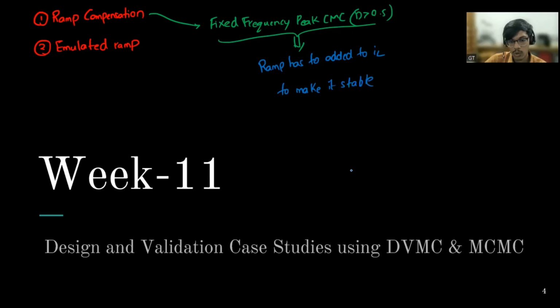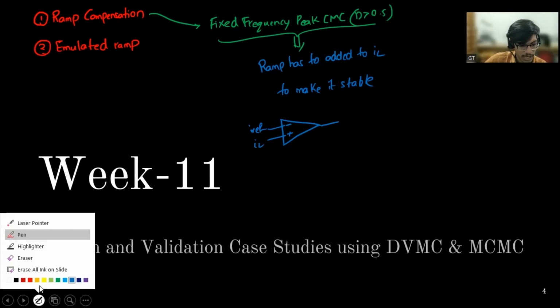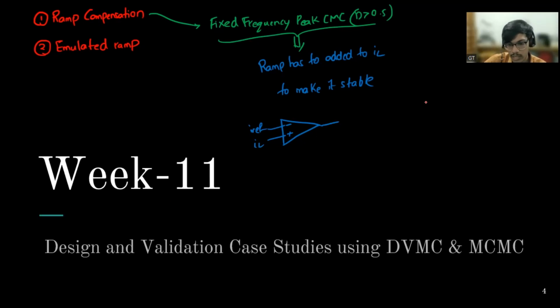Usually the case is we have minus and plus, where plus is IL, minus is I reference, and the comparator is giving the output. In the case of ramp compensation, what will be done is, minus plus, this is I reference. So there will be a summer block.